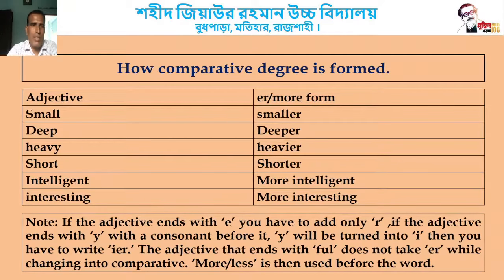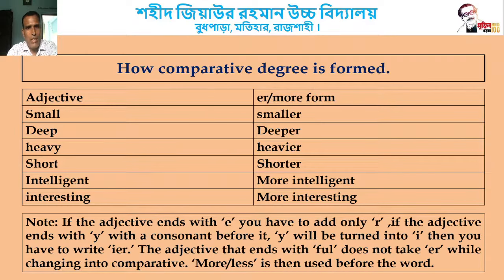Now, my dear student, there is a chart about comparative degree. How can we form comparative degree? Now, follow the chart. The adjective here is small, and the comparative form of the word small is smaller.